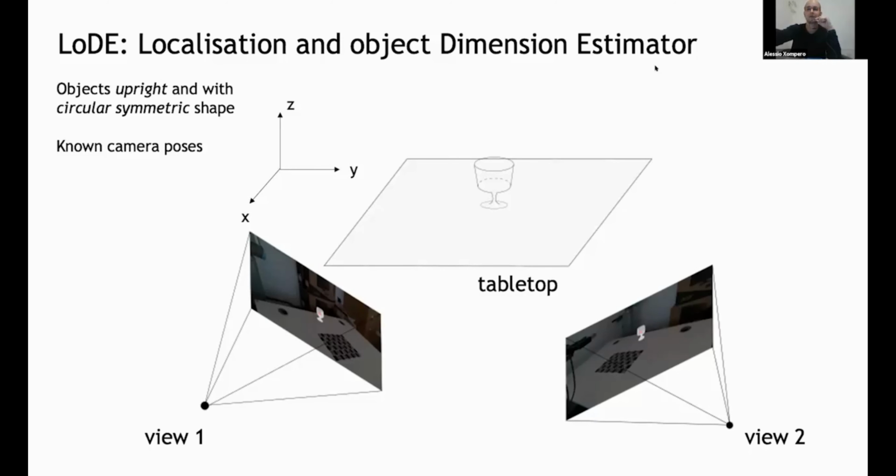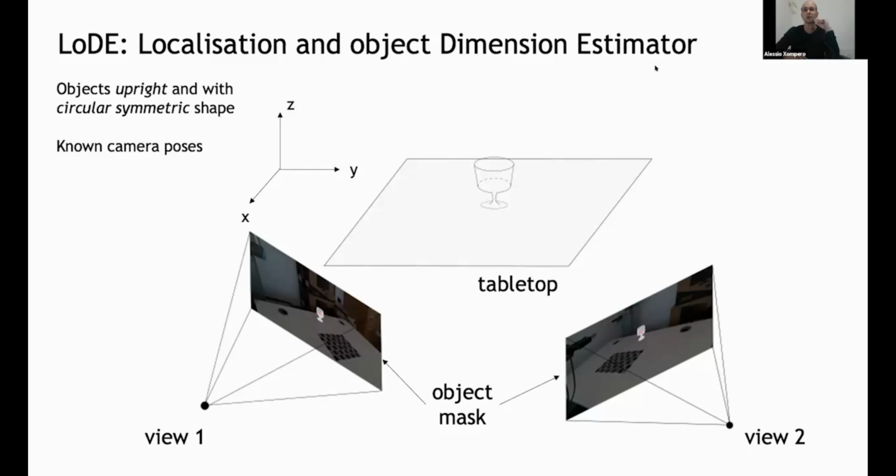And the first step in order to localize the object is to find the object in each image individually. For this case, we use a segmentation approach that provides an object mask for each camera individually. And the problem now arises that the object may be textureless, so it's very difficult to find correspondences between the two views.